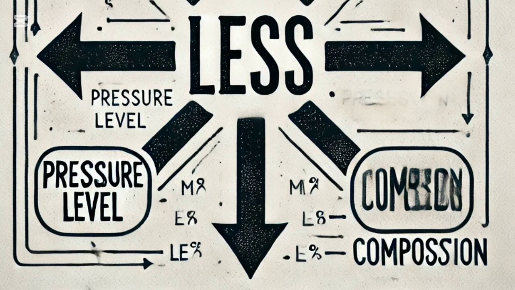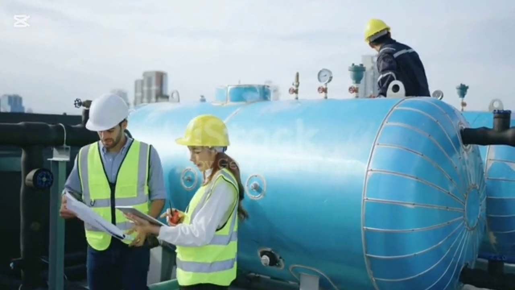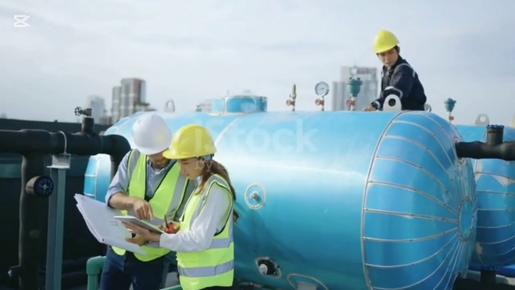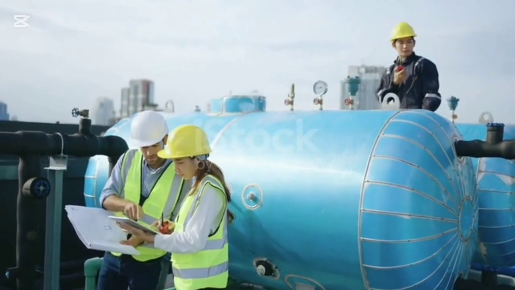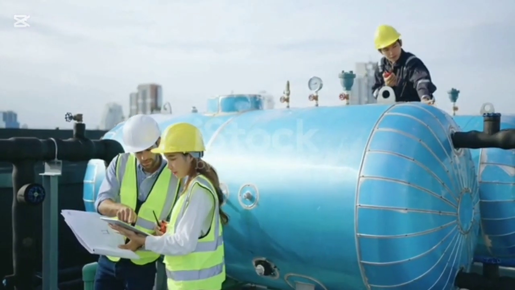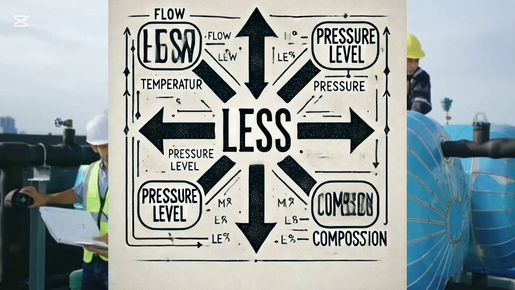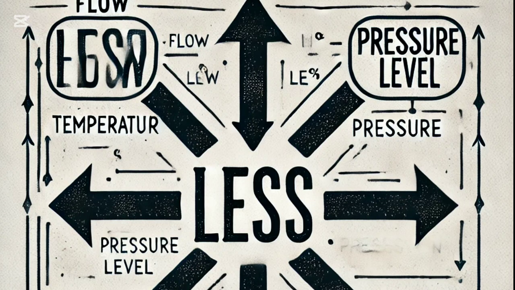Less level or low level could happen if a vessel is underfilled or there is a slow feed rate. Deviation: less level in a surge tank might not provide enough buffer during fluctuation in flow. Pressure: less pressure or low pressure might be caused by leaks or inadequate compression.